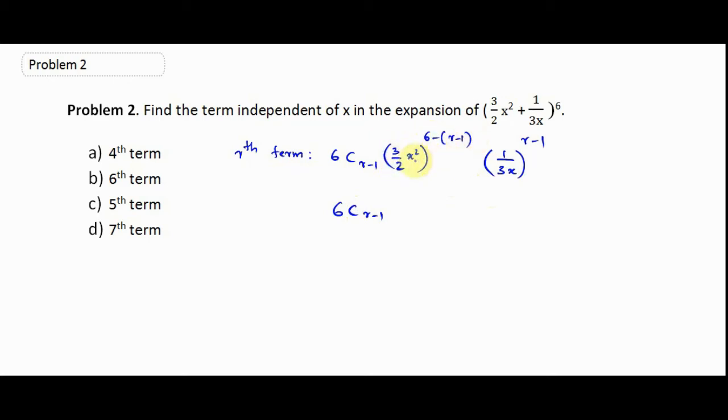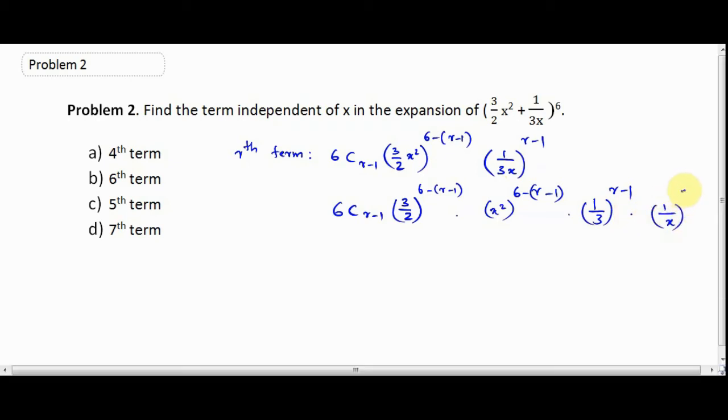This can be split like this: (3 by 2) whole raised to (6 minus (r minus 1)) into (x square) raised to (6 minus (r minus 1)) into, here we have 1 by 3 into 1 by x. We may split that like this: (1 by 3) whole raised to (r minus 1) into (1 by x) whole raised to (r minus 1).